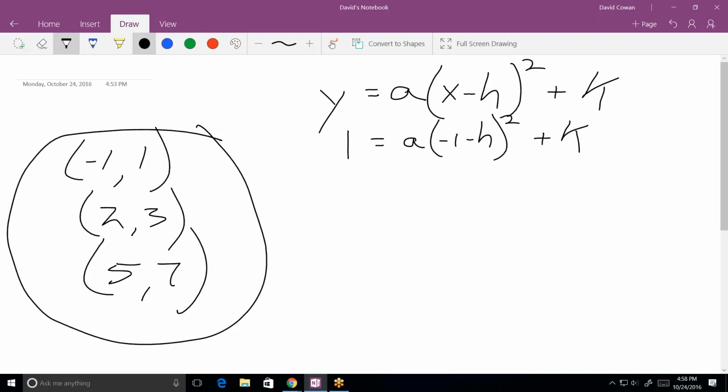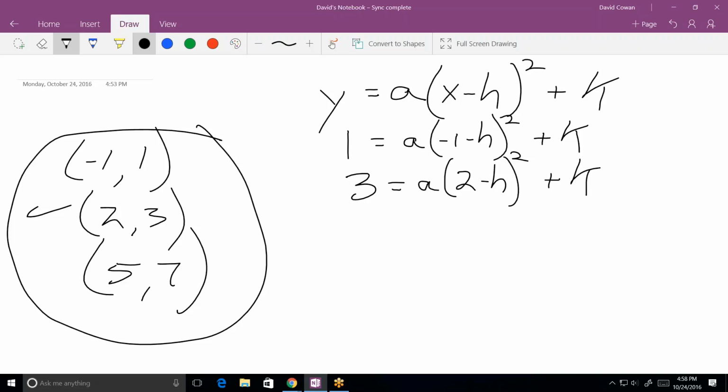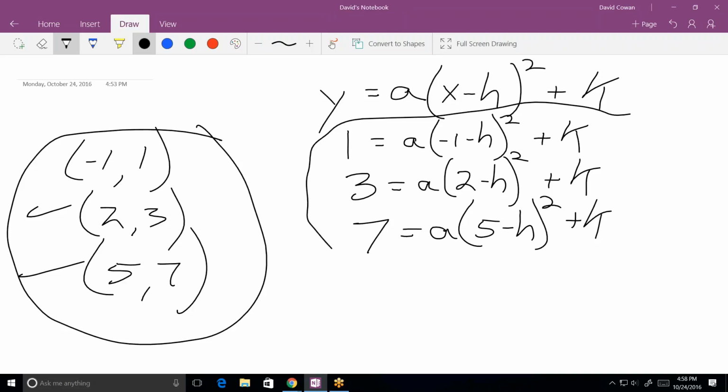And now I have a second equation that's going to come from that one. So 3 equals a times (2 minus h) squared plus k. And finally, my third one is 7 equals a times (5 minus h) squared plus k. Well, notice what I have. I have a system of equations, and I have the same number of equations as I have variables.